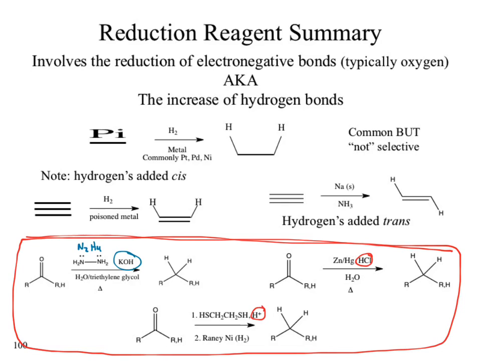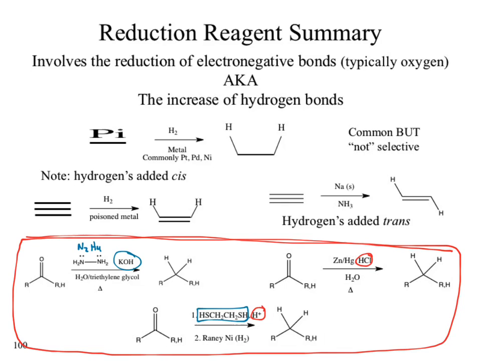So if we have functional groups that are acid or base sensitive, we have to be able to adjust our conditions around those functional groups. After that, other things to acknowledge. You have the dithiol in that bottom one where we're using a Raney nickel reduction.